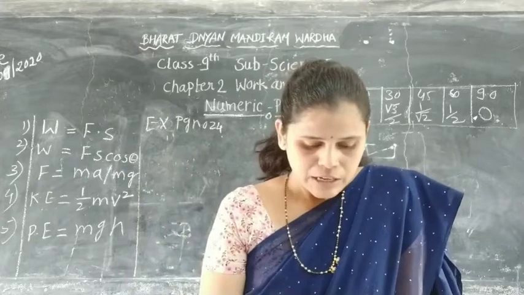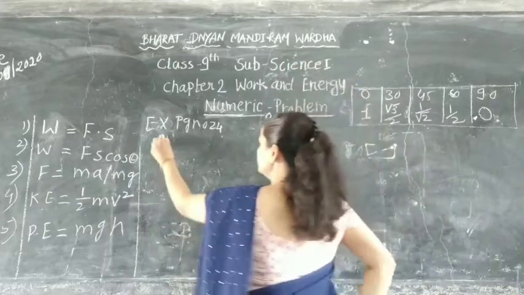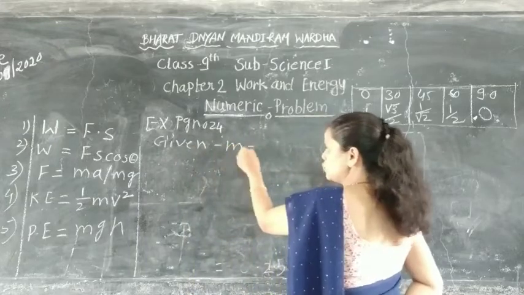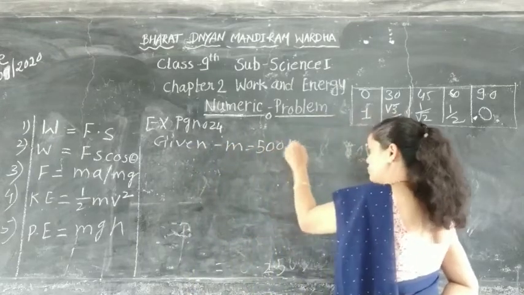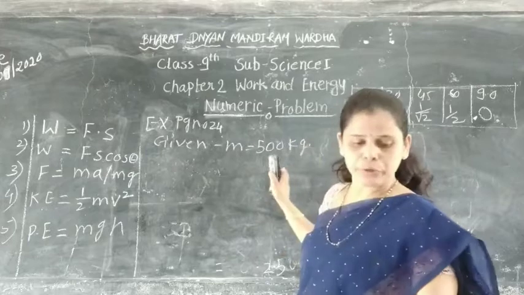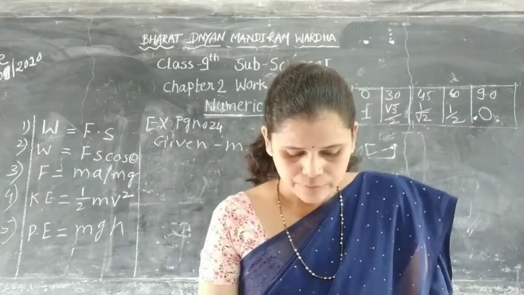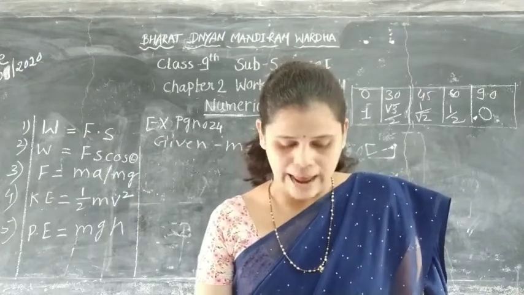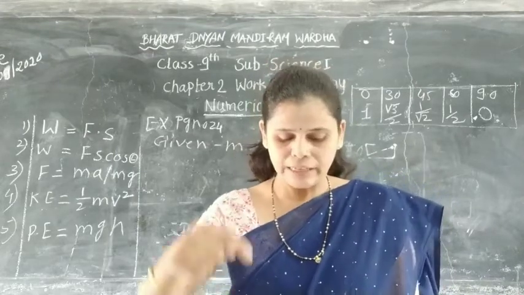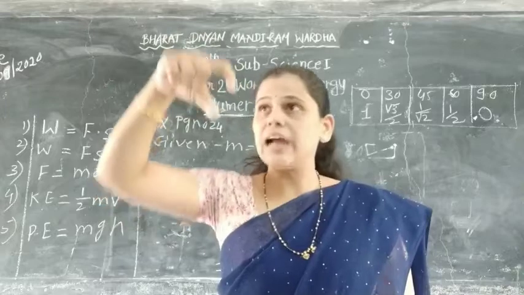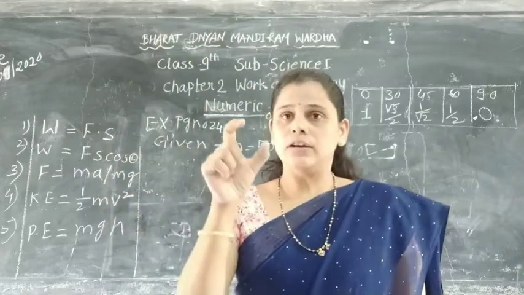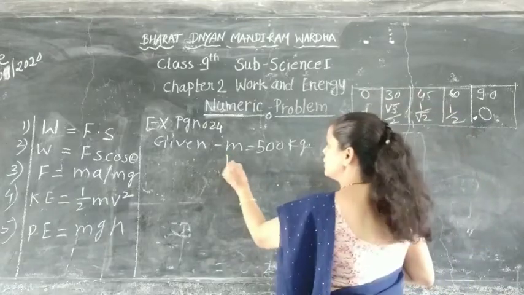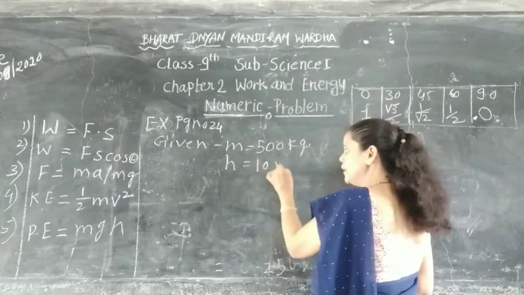So write down what is given. Given that M equals 500 kilogram, the SI unit of mass. 500 kilogram water is stored in the overhead tank of a 10 meter high building, that is the height, H equals 10 meter.